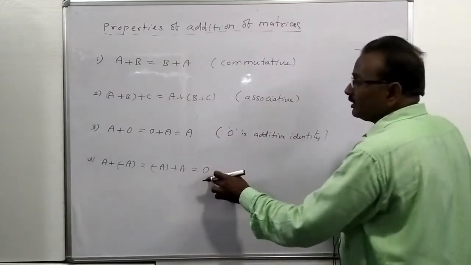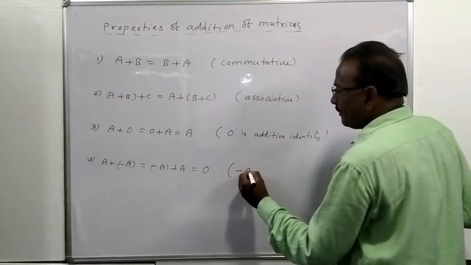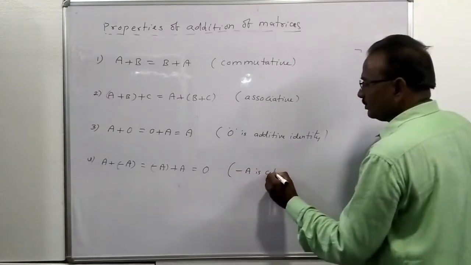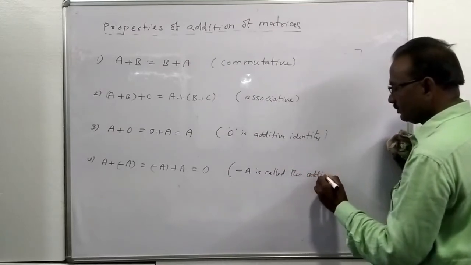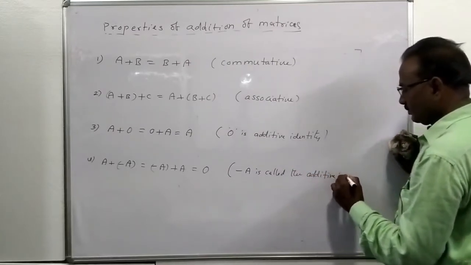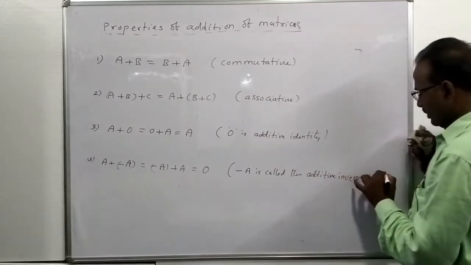So that is the null matrix of the same order. So therefore here minus A is called the additive inverse of matrix A.